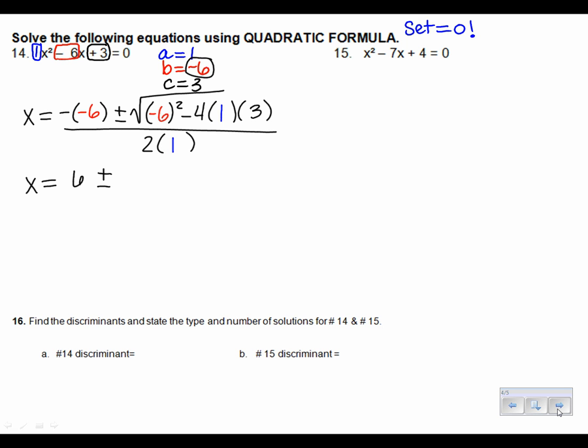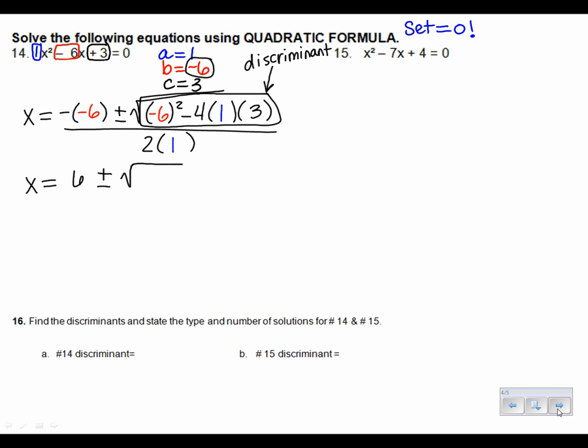plus or minus the square root of, I need to calculate what the part underneath the square root is called. And this part underneath the square root, this is your discriminant. That's the vocab word for it.